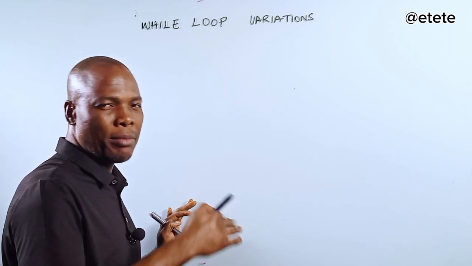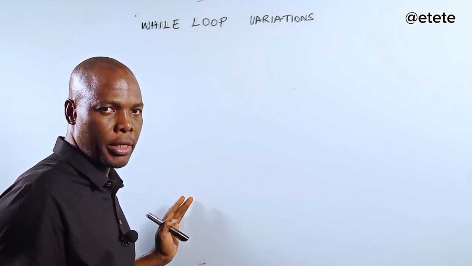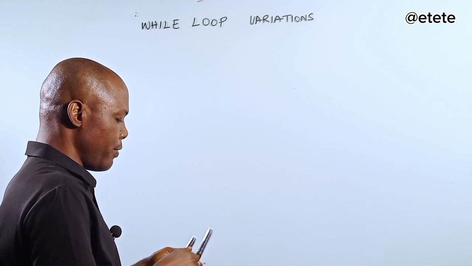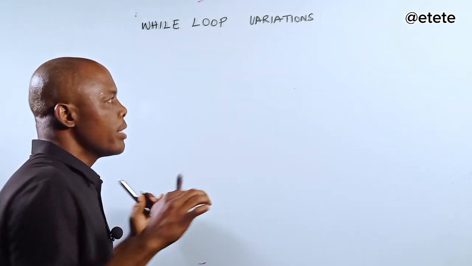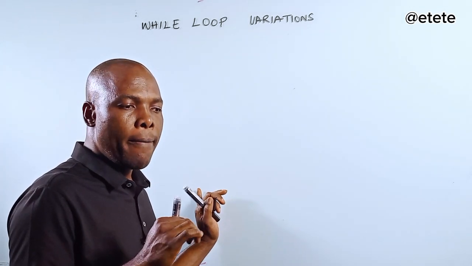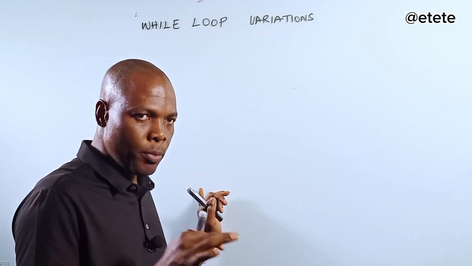There are many, but I'm probably going to look at two or three in this class, just to show you the different variations. So what are the component parts of a loop?